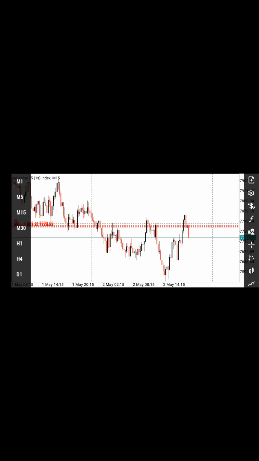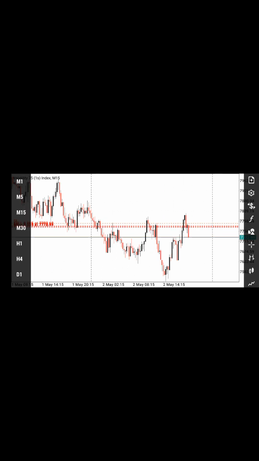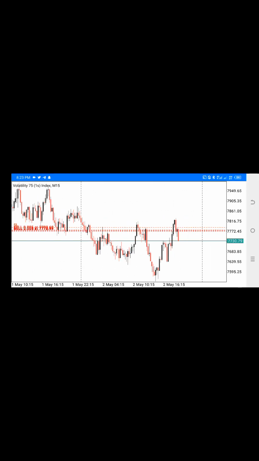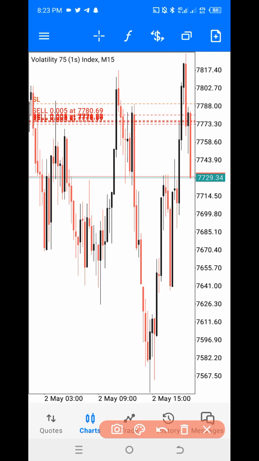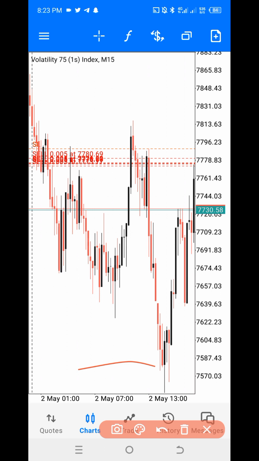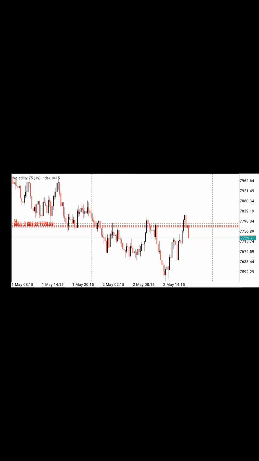So one thing about the market is that there's what we call SMC. In SMC there's something we call, where's my arrow? I have it here. Right, so in SMC there's this thing we call this.